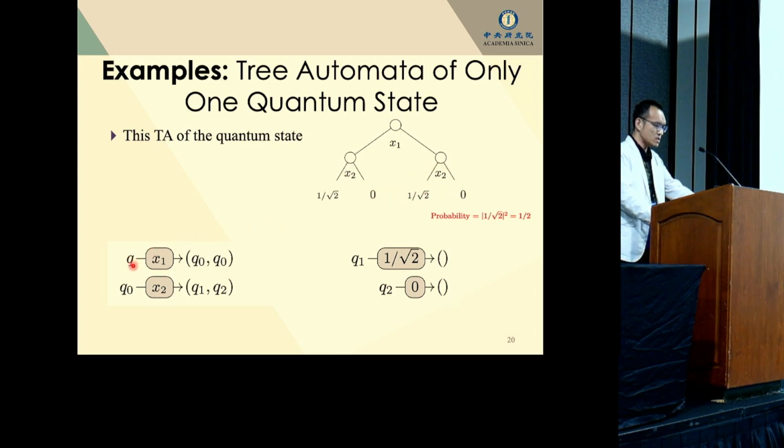From the initial state, after taking the first qubit, I go to the same state, Q0. The way to read it is to just glue this node to get the tree. So from Q, I go to Q0, the same subtree, and then from Q0, I can go to 1 and 2, where 1 is 50% and 2 is 0%. So by gluing this transition, I get the tree. And here you can see some sharing, so you can save some space.